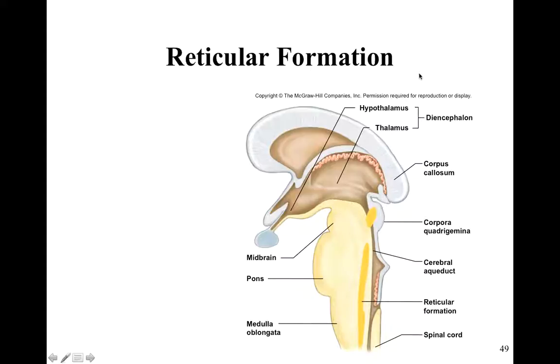When we go to sleep, or even daydream, or even just kind of zone out, the reticular formation can arouse our cerebrum into wakefulness, and it can cause us to wake up. So some of the things that would stimulate the reticular formation are light.